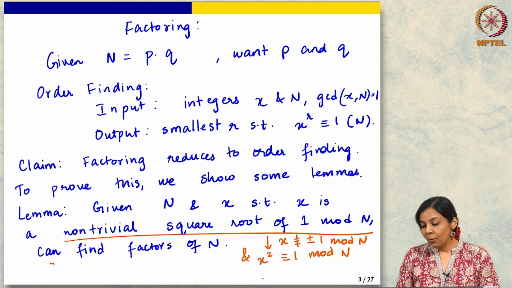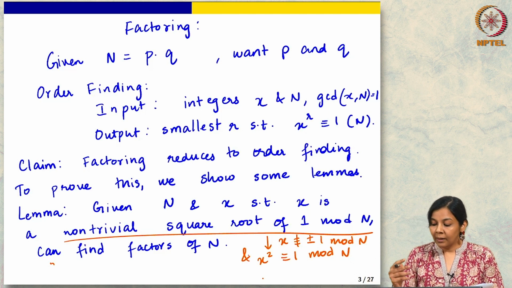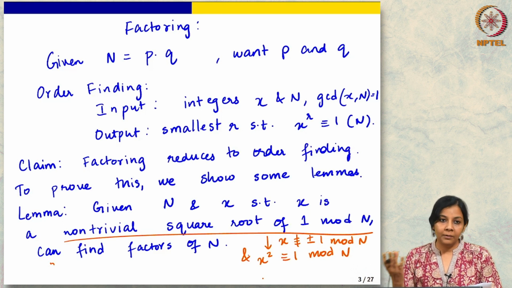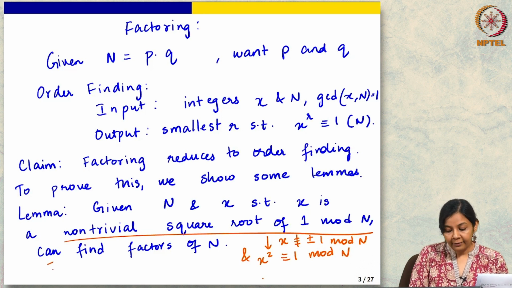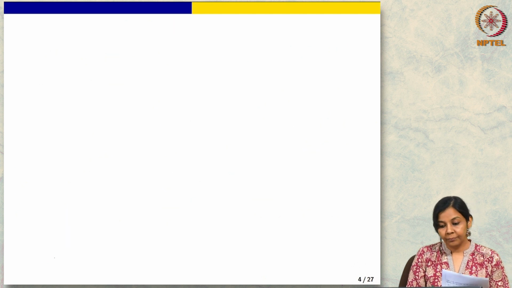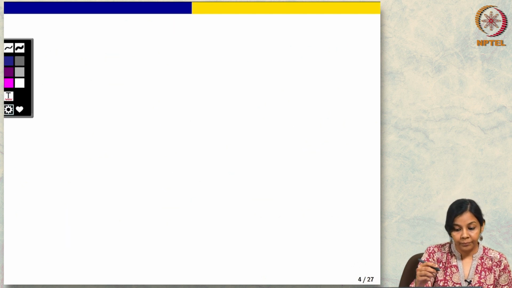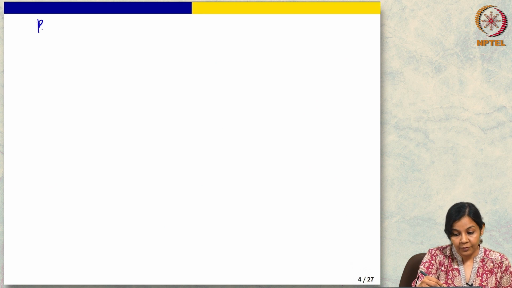A square root of 1 mod n, the trivial ones are plus 1 and minus 1. So, it is not that. Okay, good. So, let us prove this lemma.